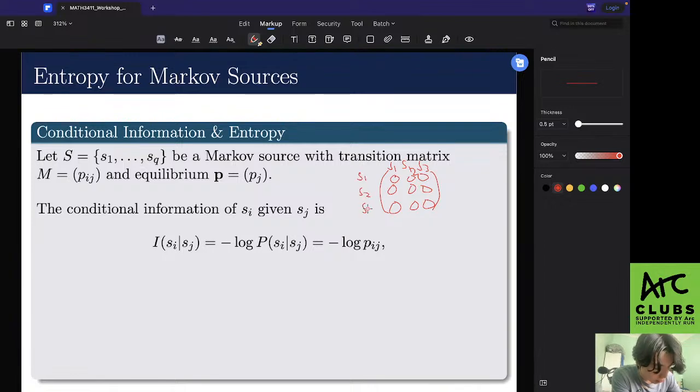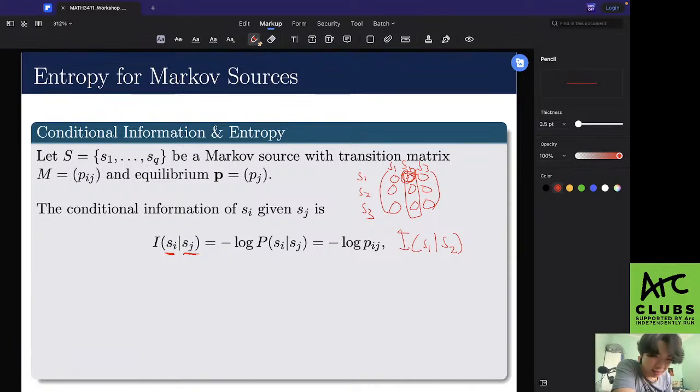Let's say we wanted to get the information from receiving S_i, given we know that the previous symbol received was S_j. So if we wanted S1, given we know that we just received an S2, we would look at this column since we just received an S2, and then this one right here is our probability.